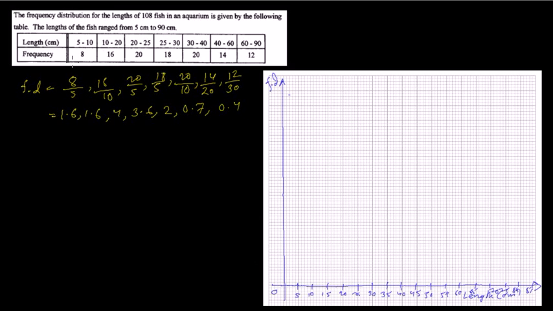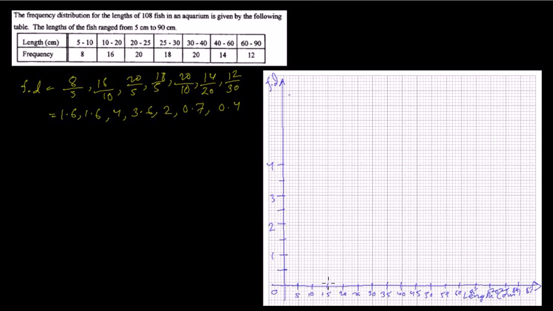So the height is 1.6 up to 3.6. If we use 0.5, it's going to be 0.5, 1, 2, 3, 4. So the first one is from 5 to 10. Here we don't have to do the 0.5 continuity correction.